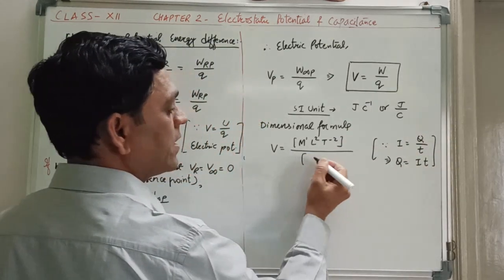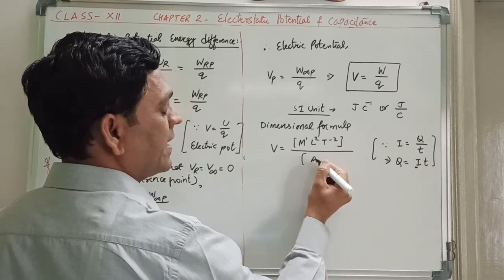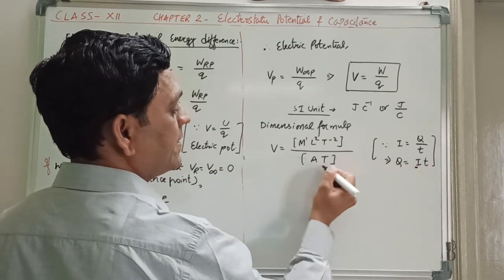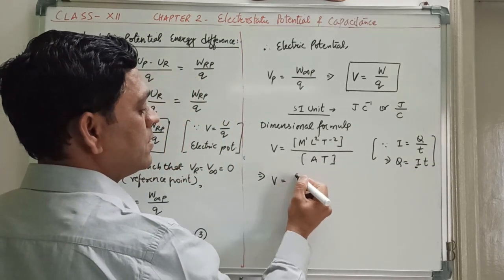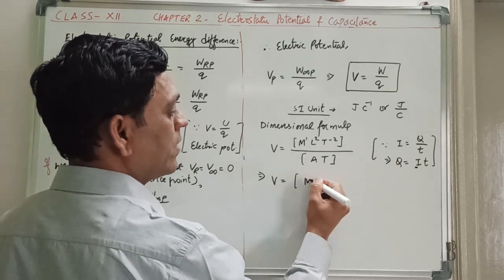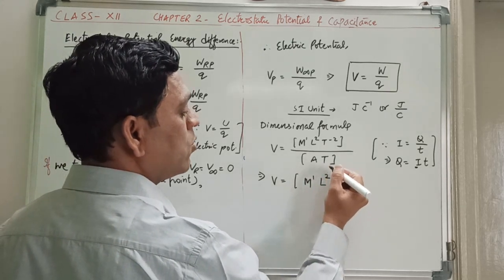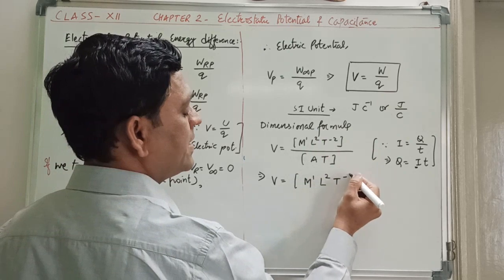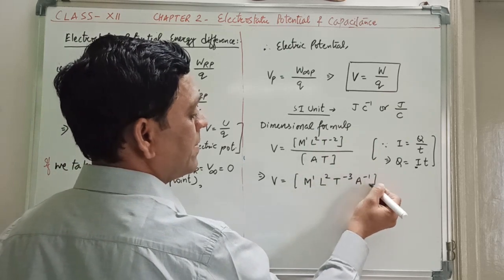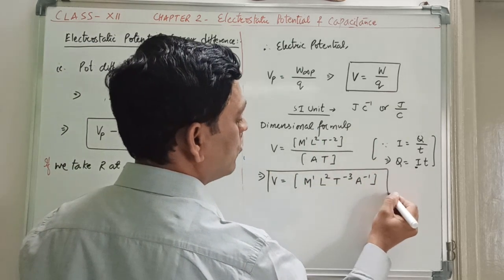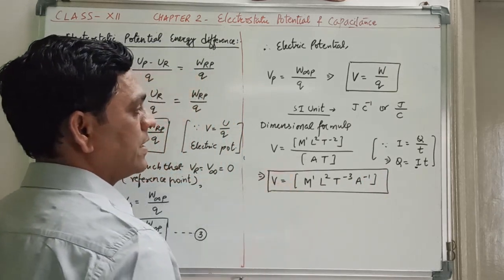So for current we write ampere A and for time we write T. So the dimensional formula is M1, L2, T minus 3 and A minus 1. This is the dimensional formula for the electrostatic potential.